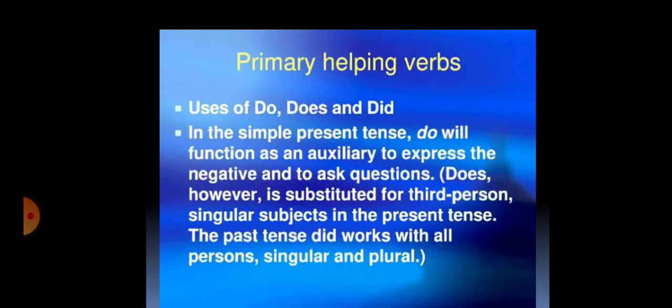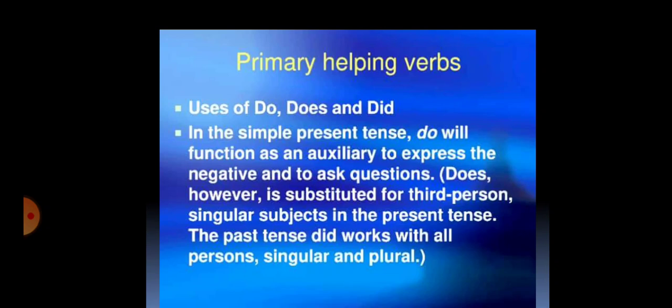Now let us see the second kind of primary auxiliary, that is the do form, and the uses of do, does and did. We use do or does in the simple present tense, and did is used in the simple past tense.